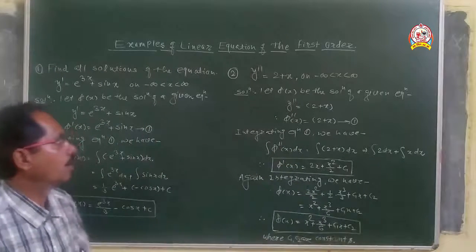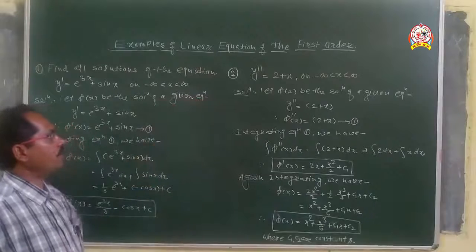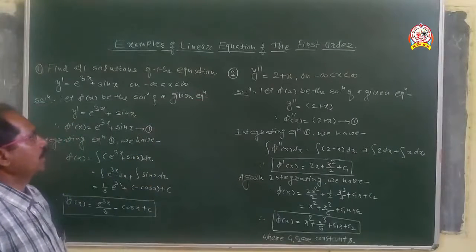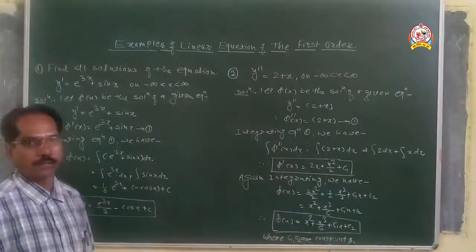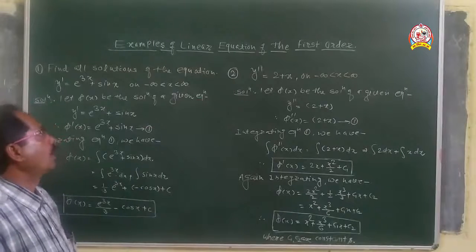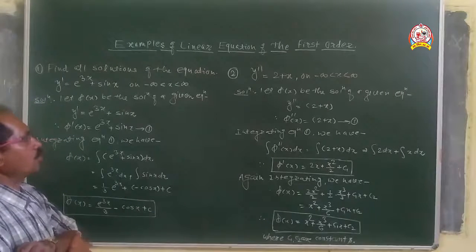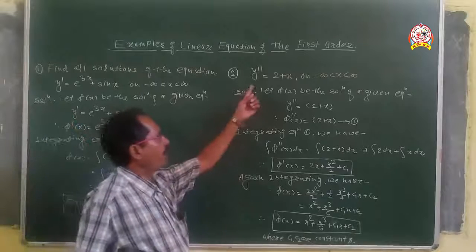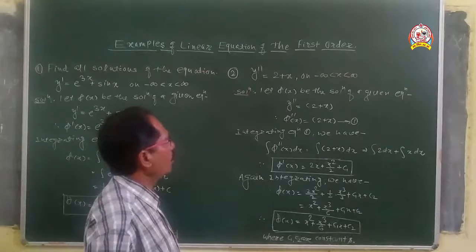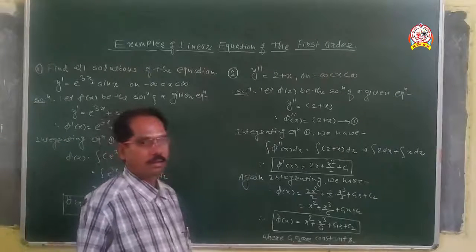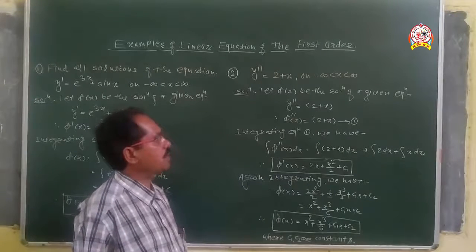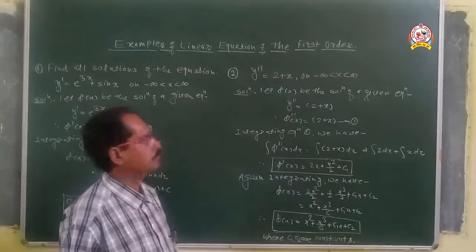Now, we see the second example of linear equation of the first order. Find all solutions of the equation y'' = 2 + x, on minus infinity < x < infinity.